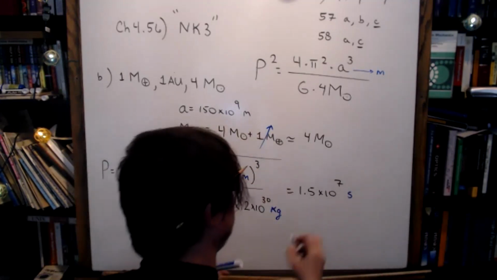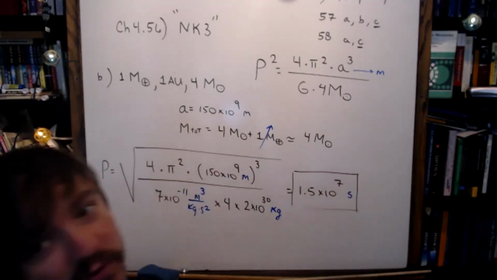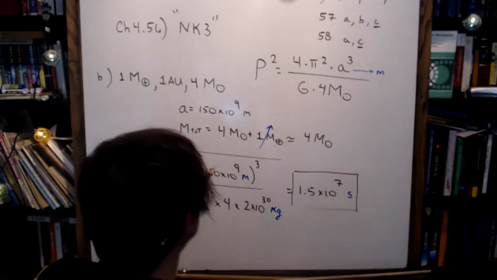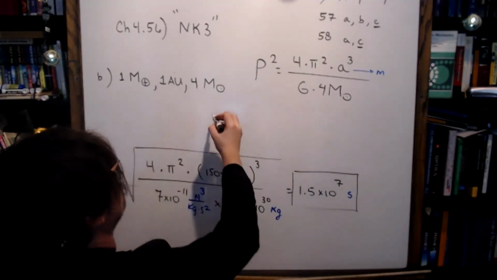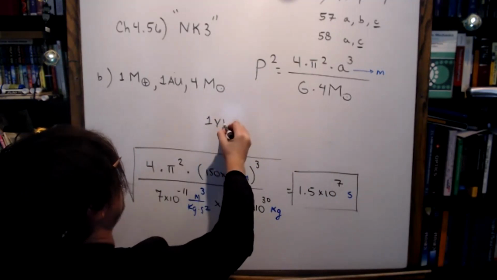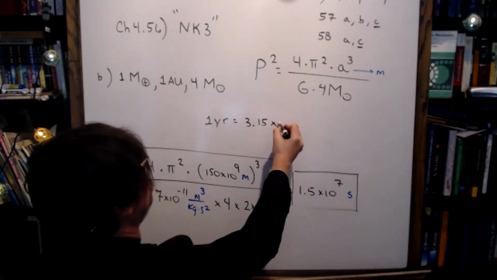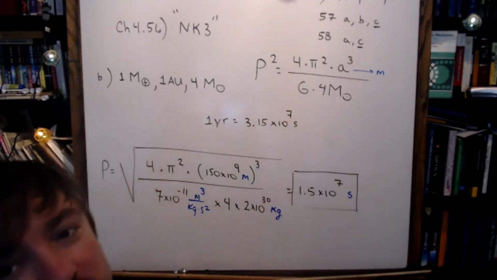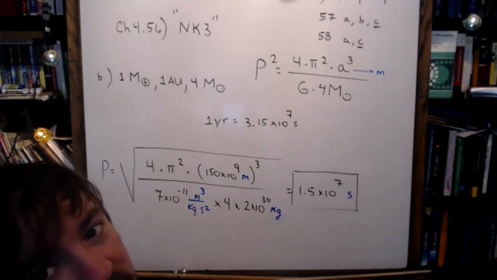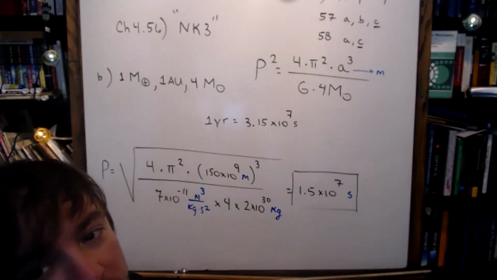Rory, if I was to give you a big hint, if I was to tell you that 1 year is equal to 3.15 times 10 to the 7 seconds, would you be able to convert that to years for me real quick?